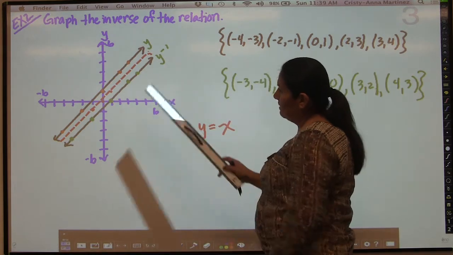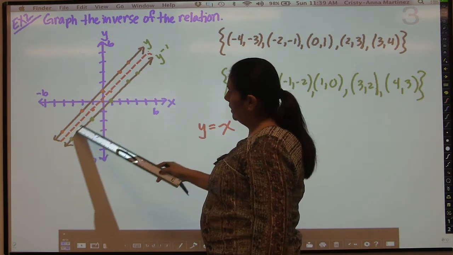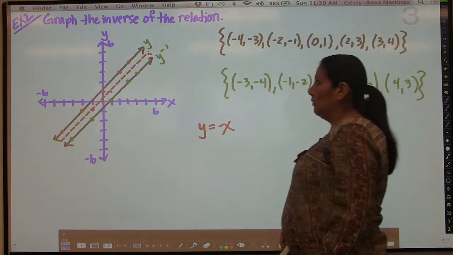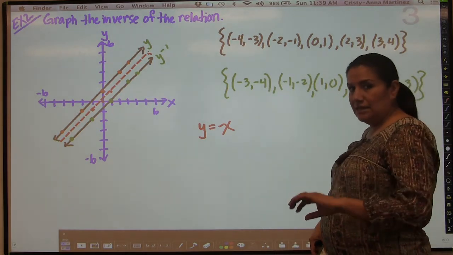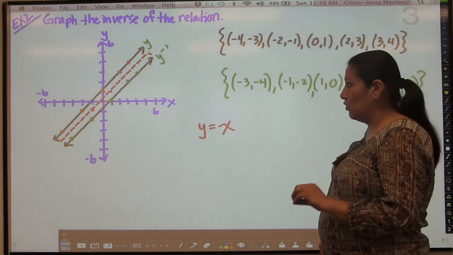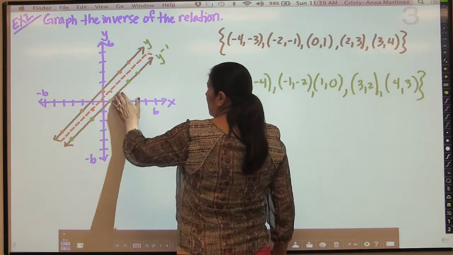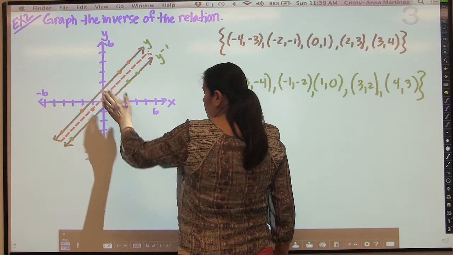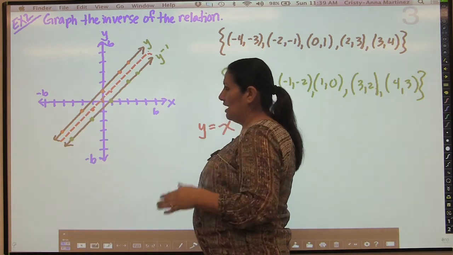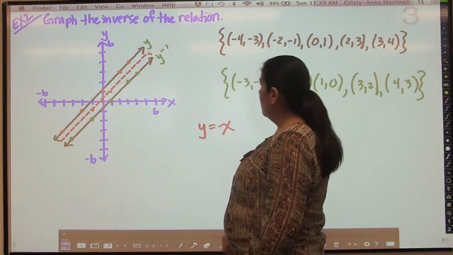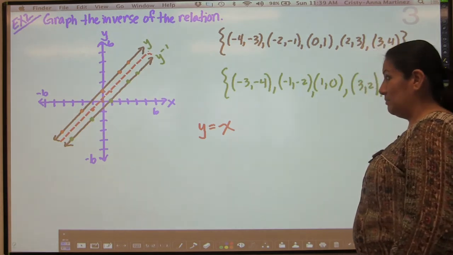Okay, so the red line that's going down the middle, this dashed line, is y equals x. And when you graph a function and its inverse together on the same set of coordinate axes, you should always get that the two graphs should be mirror images of each other when you put that red line through the middle of them. Okay, so that's just a tidbit of information for you.